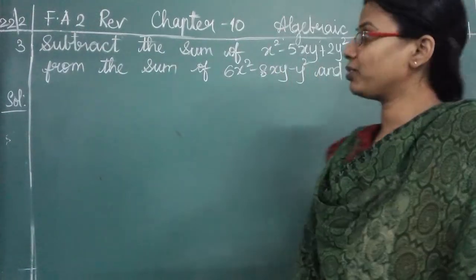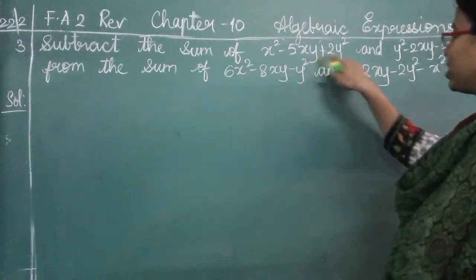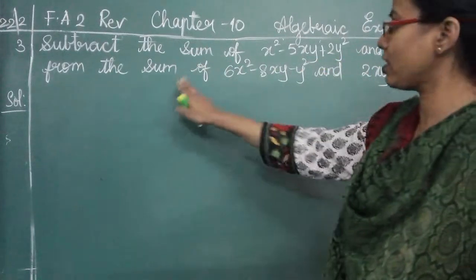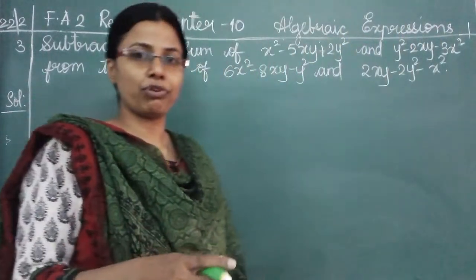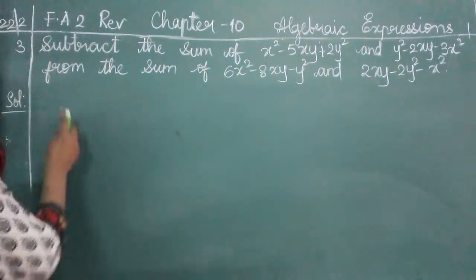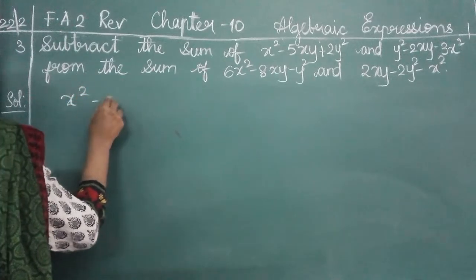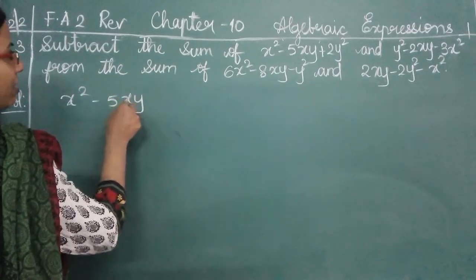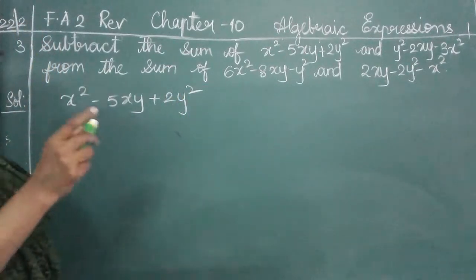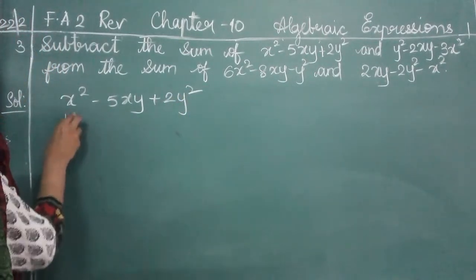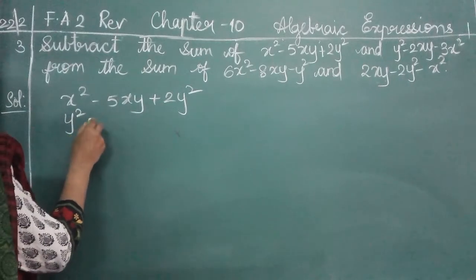So now let us do this. Subtract the sum of these two expressions from the sum of these two expressions. So what are we going to do? First of all, find the sum of the expressions. So let's try. X square minus 5xy plus 2y square. Now I am going to use the vertical method. Whichever method you want, you can use that.